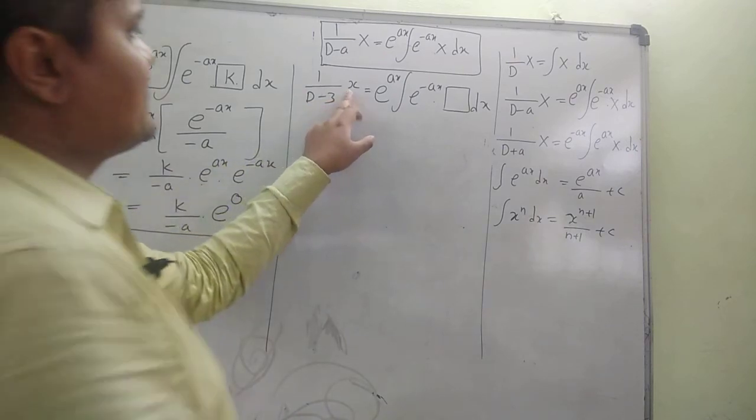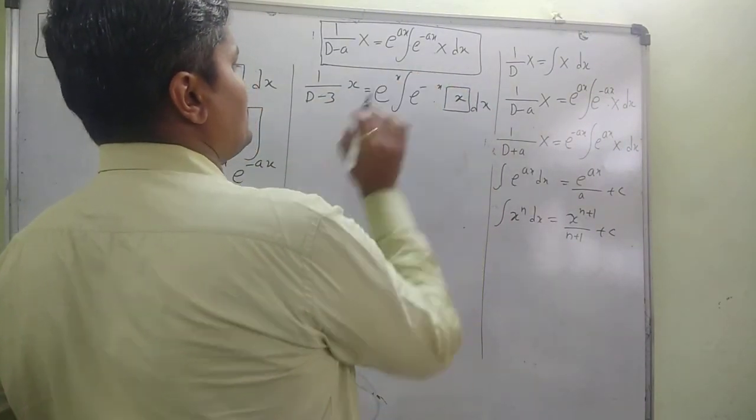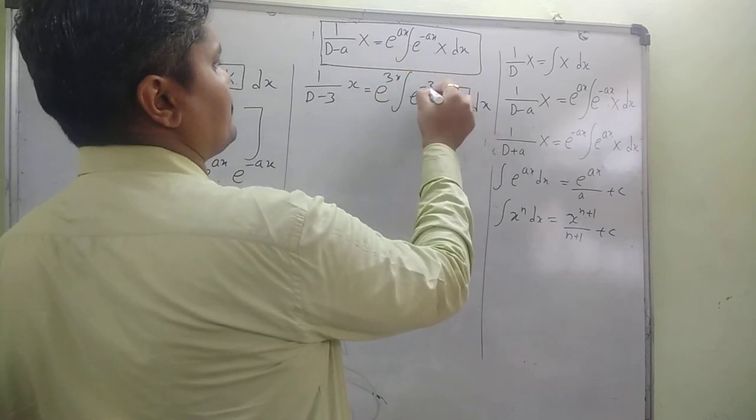Here they have directly given x, so I'll take x, and instead of a we will be using 3.